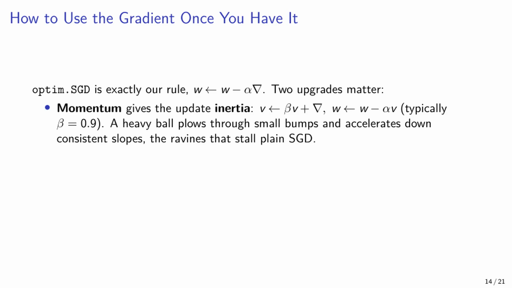Momentum gives the update inertia: the new velocity is beta times the old velocity plus the gradient, and we step along that velocity, with beta typically 0.9. Like a heavy ball rolling downhill, it plows through small bumps and accelerates along directions that keep pointing the same way.